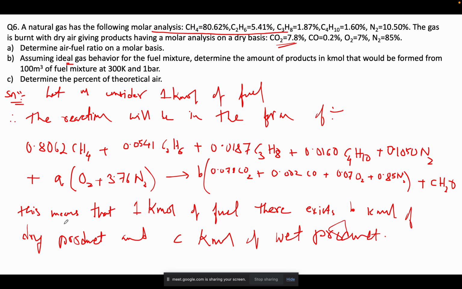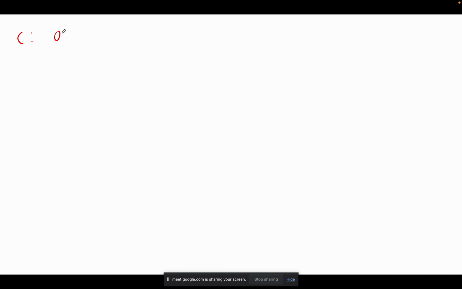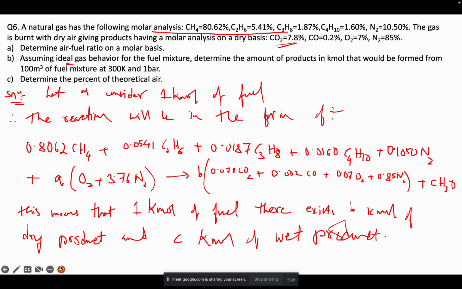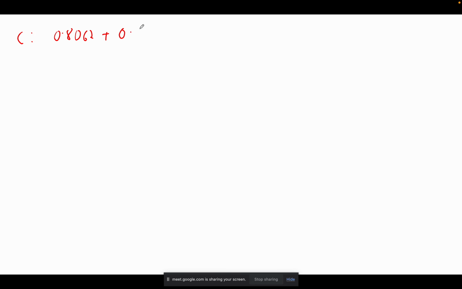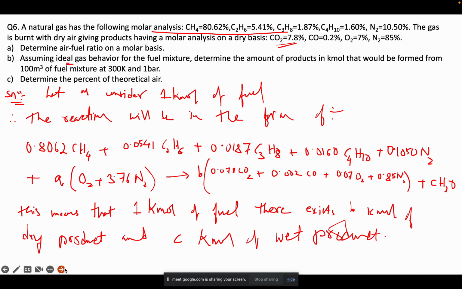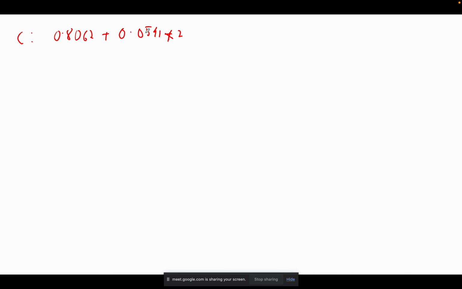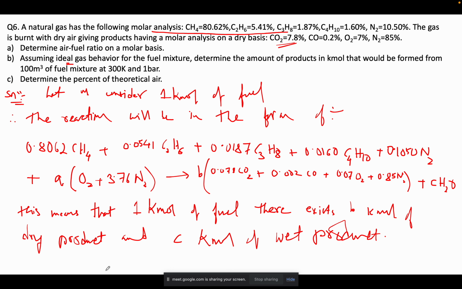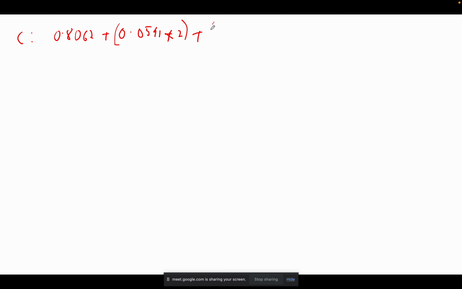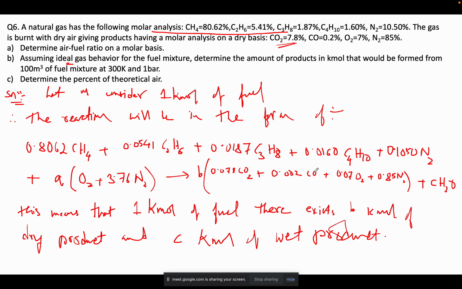What do you get? 0.8062 plus 0.0541 into 2 plus 0.0187 into 3 plus 0.0160 into 4.